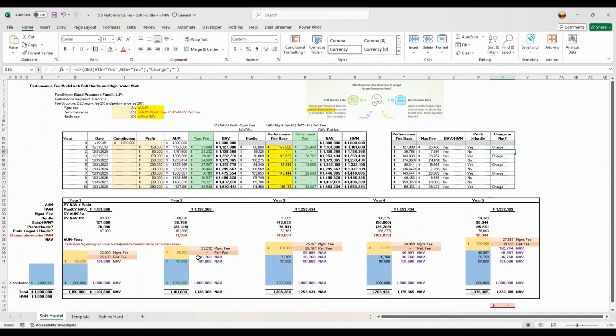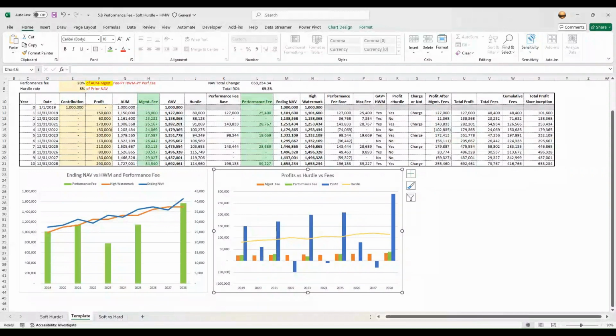However, we can tell the part of the profit we did not charge will keep rolling as a NAV to the next time period. As the ending NAV goes up and down, we only charge performance fees when the ending NAV is higher than the prior high watermark.